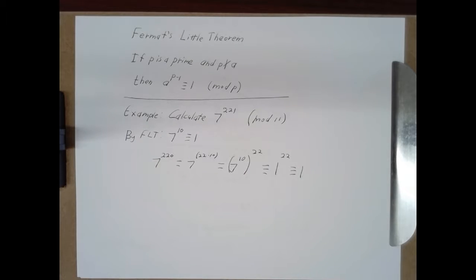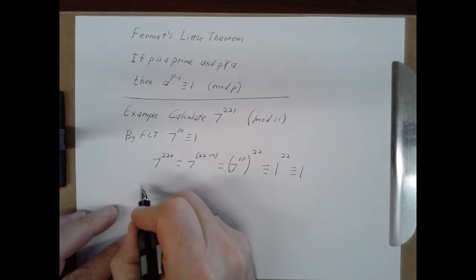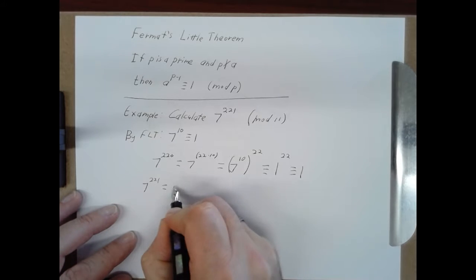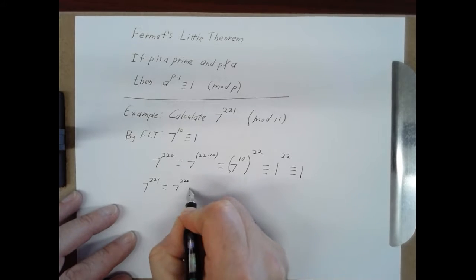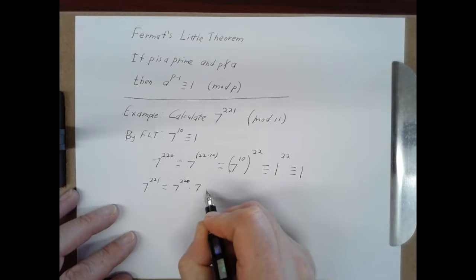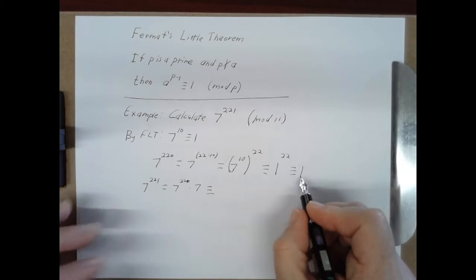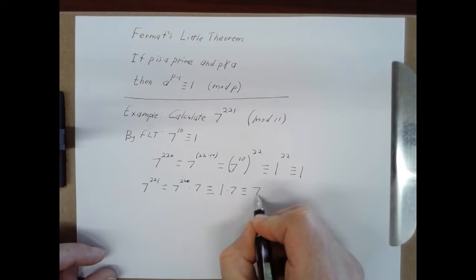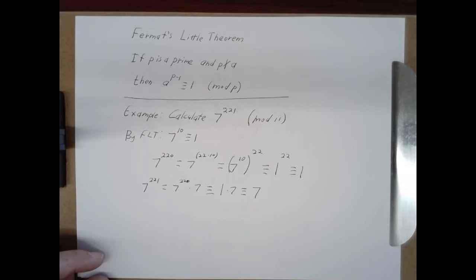So without really doing any work, we've already found what 7 to the 220th is. In fact, 7 to any power that's a multiple of 10 will be exactly 1. And so since we want 7 to the 221st, that's just 7 to the 220th times 7, which is congruent to 1 times 7. That's congruent to 7.